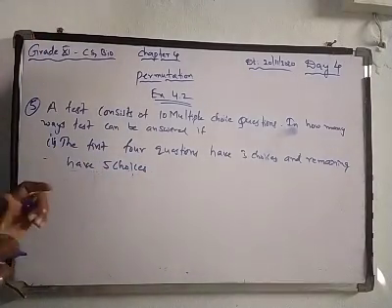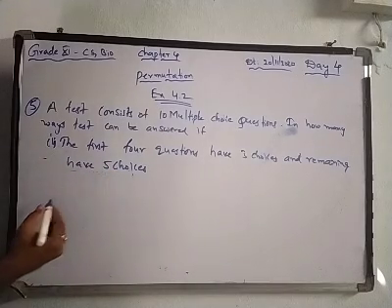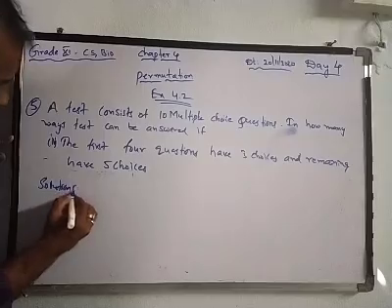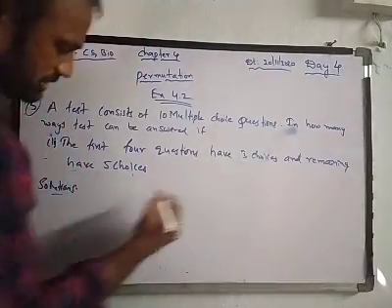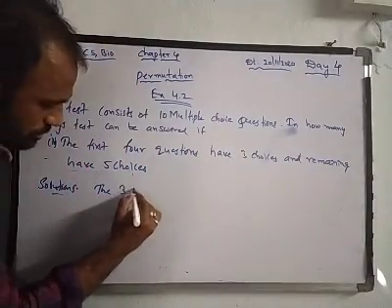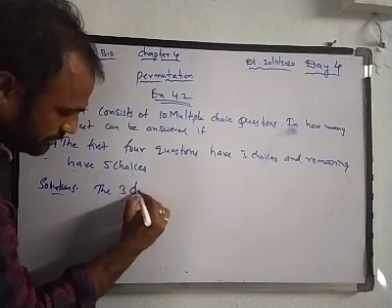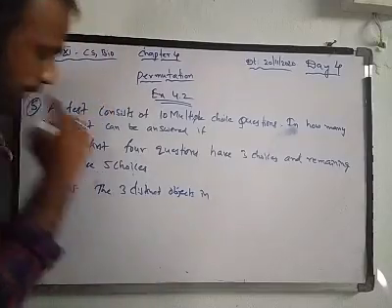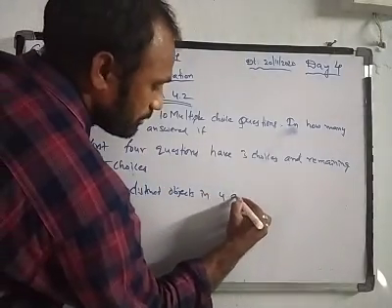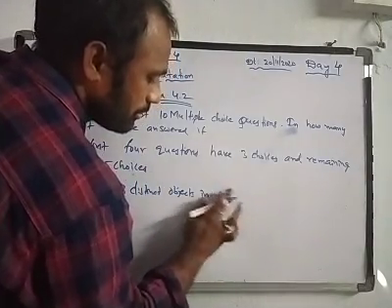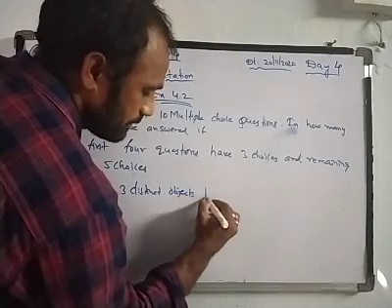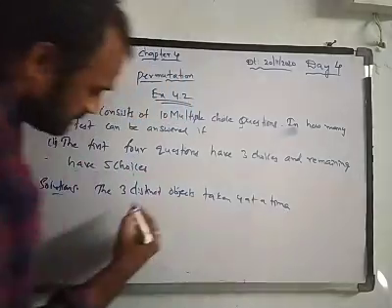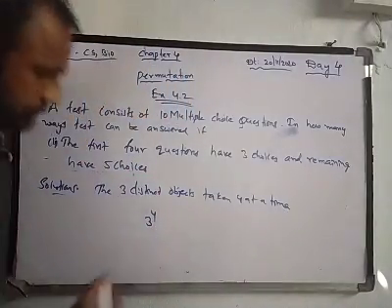So here the first question is having 3 choices. Since the choices are 3, the 3 distinct objects taken 4 at a time is given as 3 to the power 4.